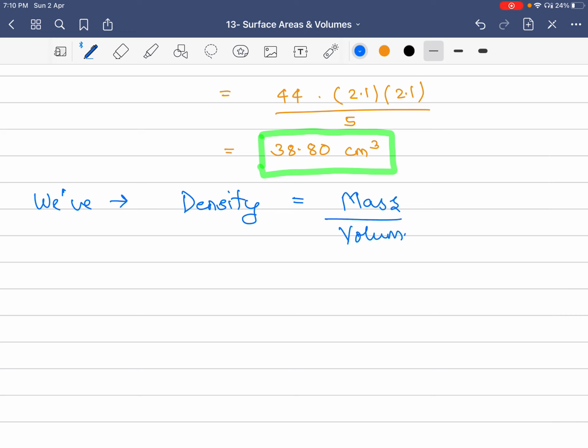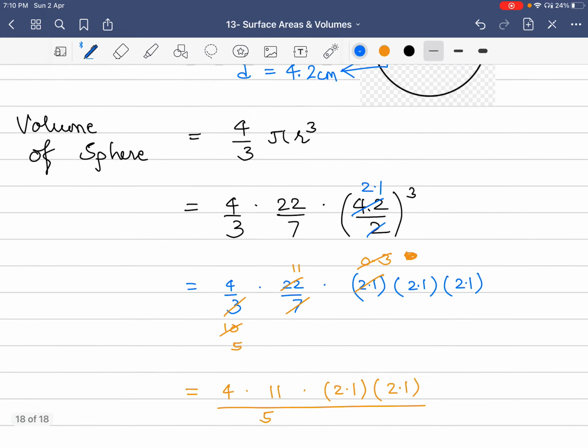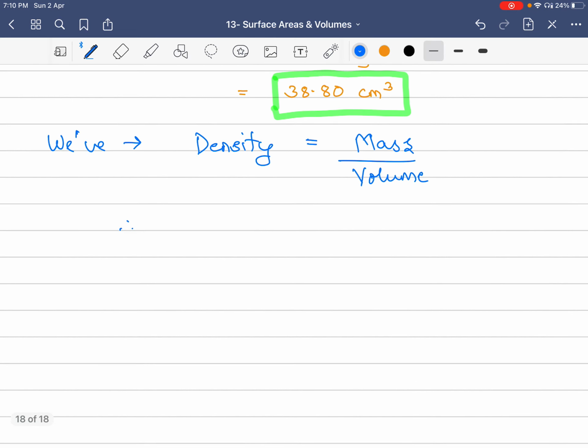The given density is 8.9. So 8.9 is equal to mass, which is unknown, divided by volume, which we have found to be 38.80.